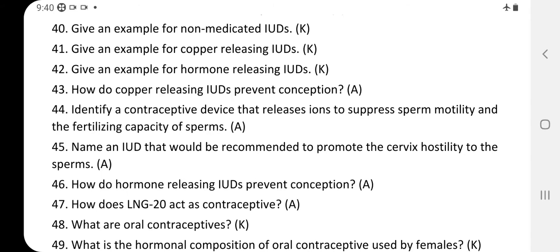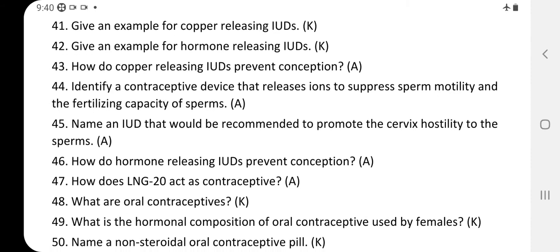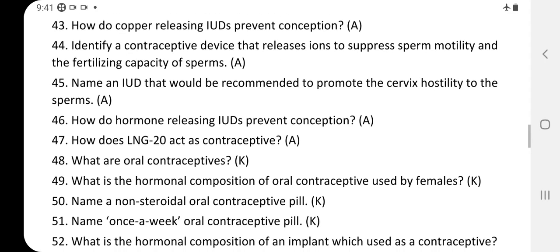Okay. So the next question, 44th. Identify a contraceptive device that releases ions to suppress sperm motility and the fertilizing capacity of sperms. The contraceptive device which releases ions to suppress the sperm motility and fertilizing capacity of the sperms is copper releasing intrauterine devices. 45th question.